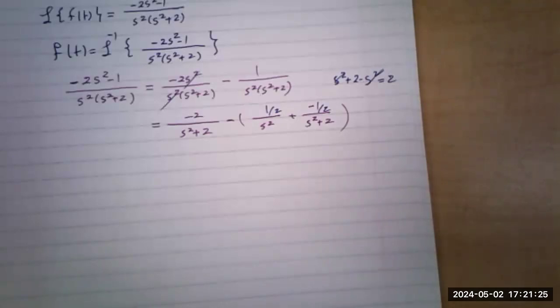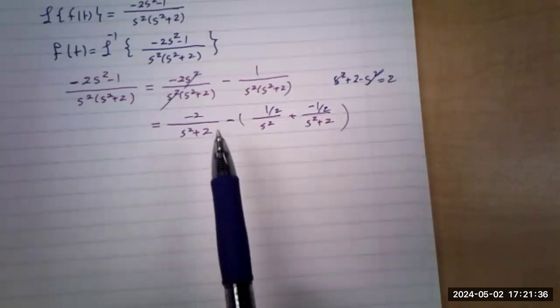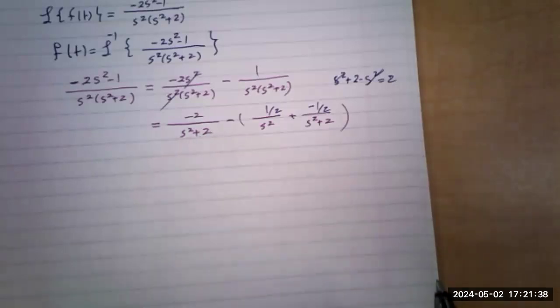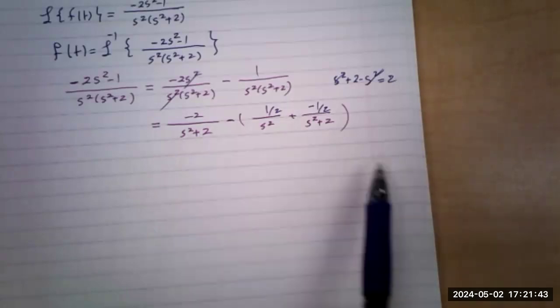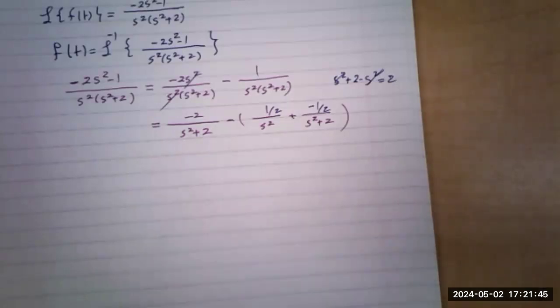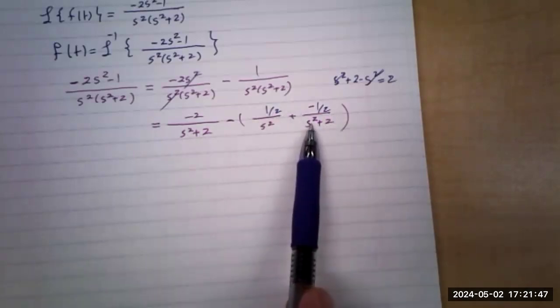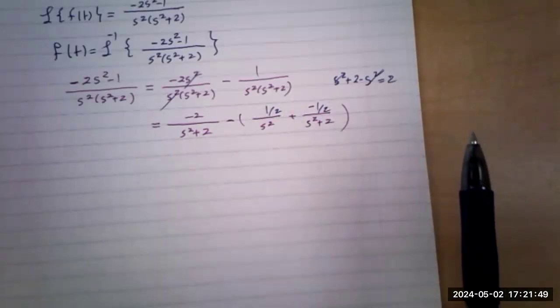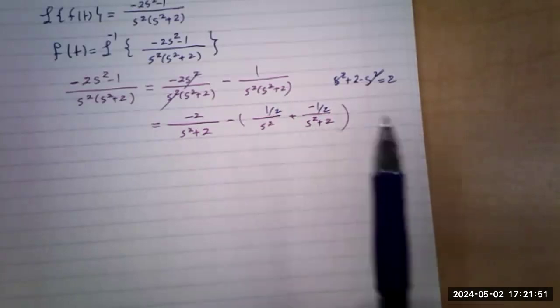If I wanted to check to make sure I did that right, how would I do that? You have to put A1s plus A2. No, you check it by common denominator. That's the way to check it. You check 1/2 s squared minus 1/2 s squared would cancel out. 1/2 times 2 would be 1.